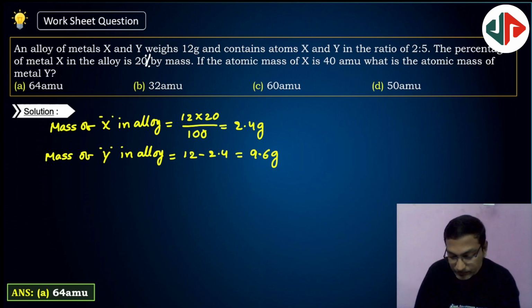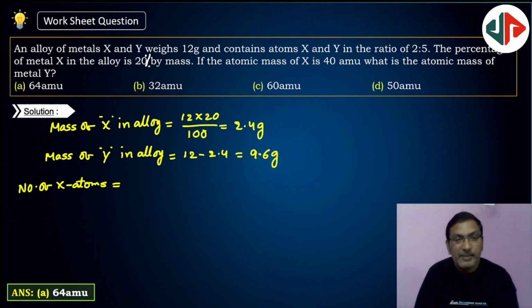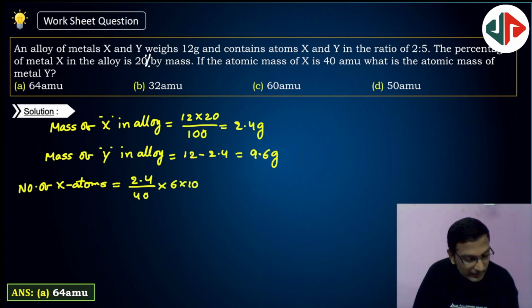Next, number of X atoms. Number of gram atoms into Avogadro's number. That means number of gram atoms means given weight by atomic weight. Atomic weight 40 is given. 2.4 by 40 into Avogadro's number, 6 into 10 power 23. We'll get this as 3.6 into 10 power 22 atoms.